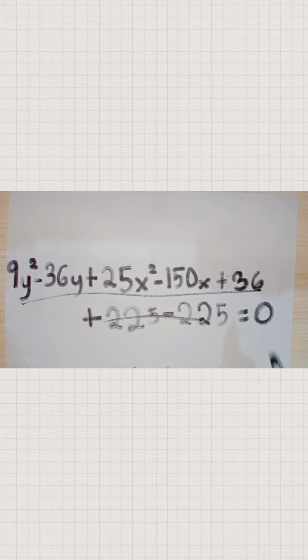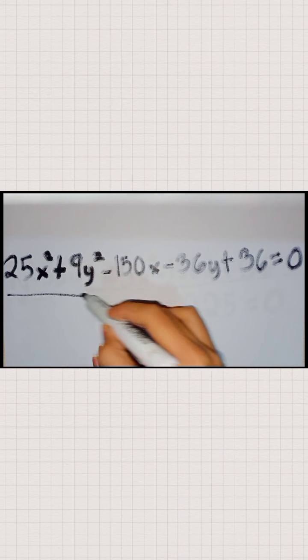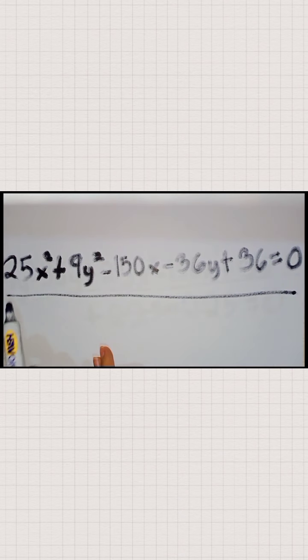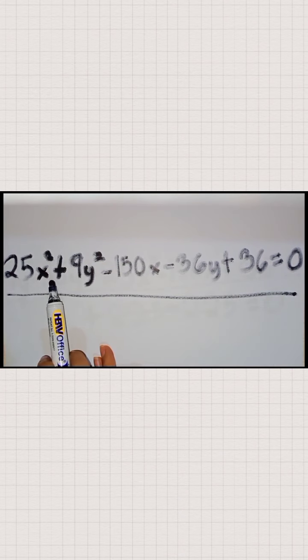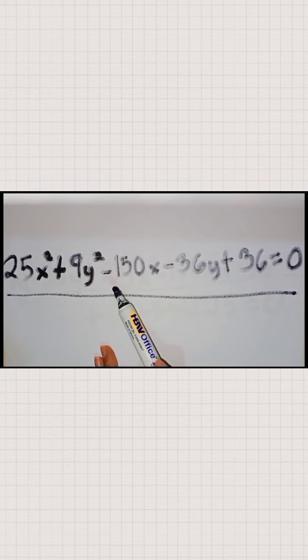So, after arranging, ito na yung final natin na general form: 25x squared plus 9y squared minus 150x minus 36y plus 36 is equal to 0. So, ito na yung general form of ellipse.